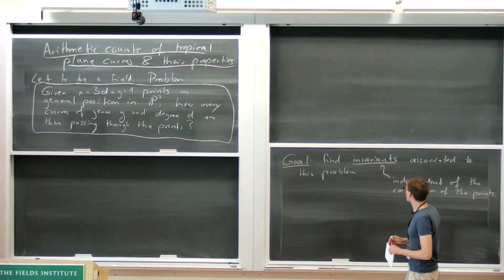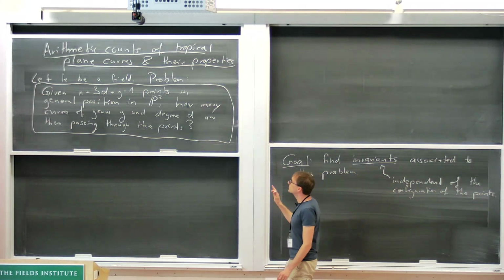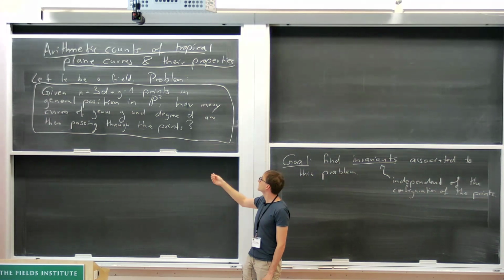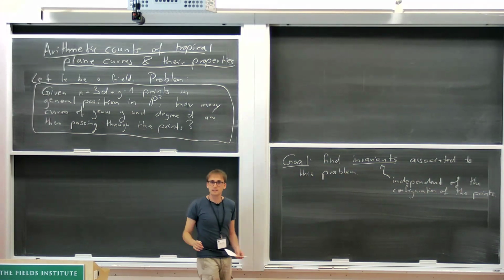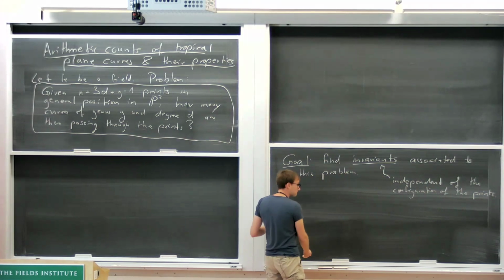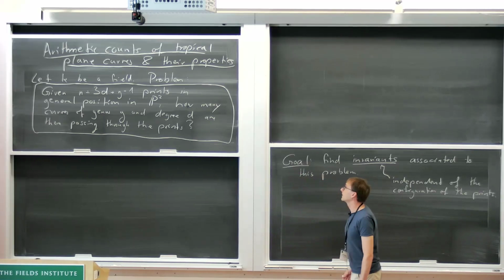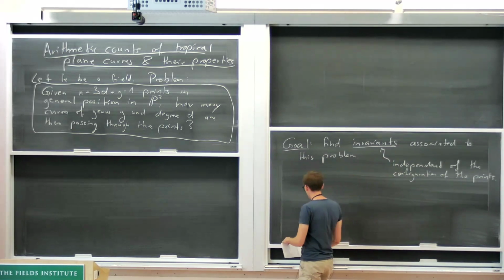But that's not what I'm interested in. We're interested in finding invariants, meaning things that are intrinsic to the problem as phrased, depending only on the discrete data of degree D and genus G, and not on the exact configuration. They always have to be in general position.